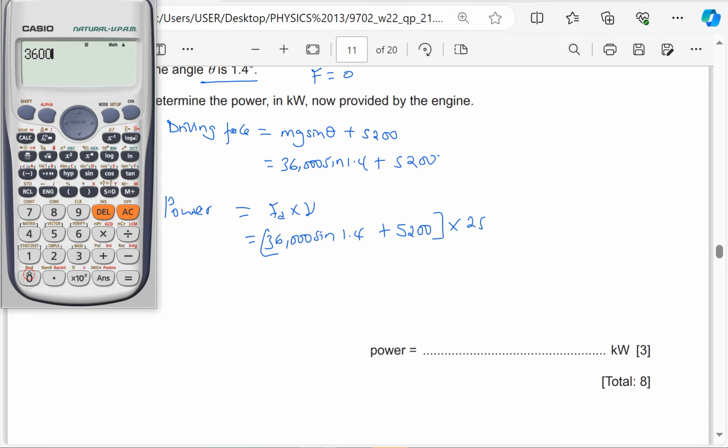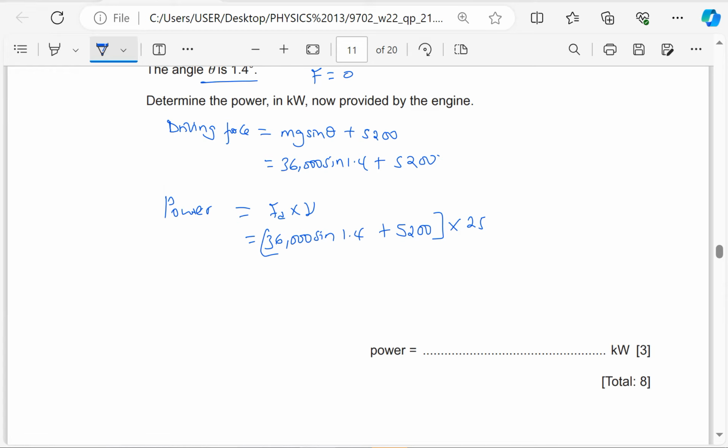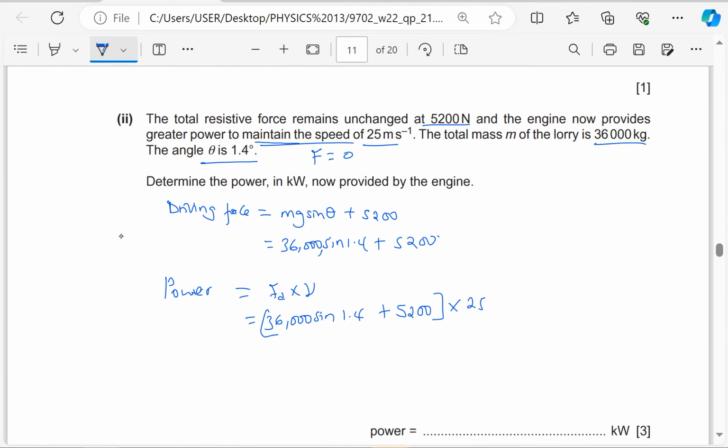So 36,000 sine of 1.4 plus 5,200 times 25. Oh, I missed out, it was mg here. There's a g here. I think I'm very tired these days.